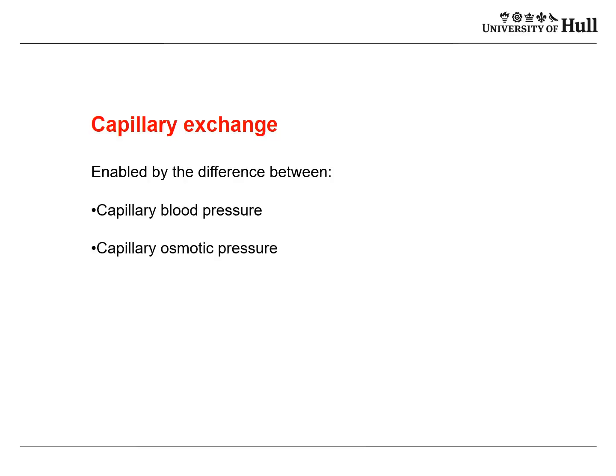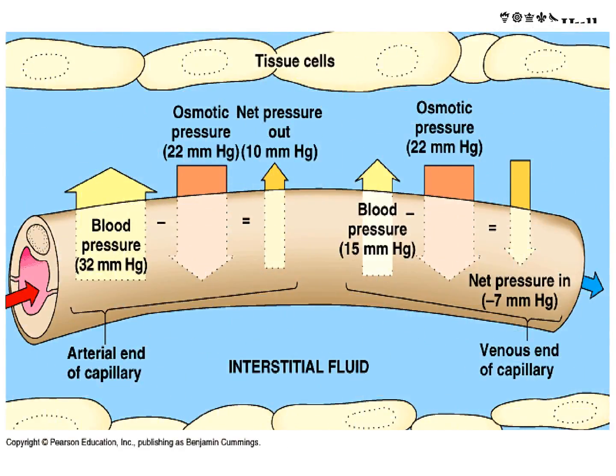Capillary blood pressure is the pressure inside the capillaries pushing materials out, and the osmotic pressure is the extent to which the substances contained in the capillary pull water back in, as shown in this diagram. The blood pressure in the capillaries changes across the capillary bed from approximately 32 millimeters of mercury down to 15 millimeters of mercury from the arterial to the venous sides of the capillary bed. On the other hand, the osmotic pressure doesn't change in the capillaries nor in the interstitial fluid.